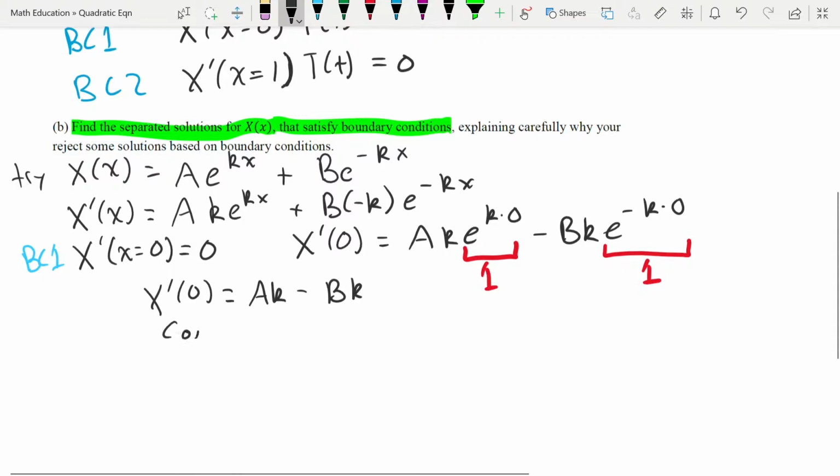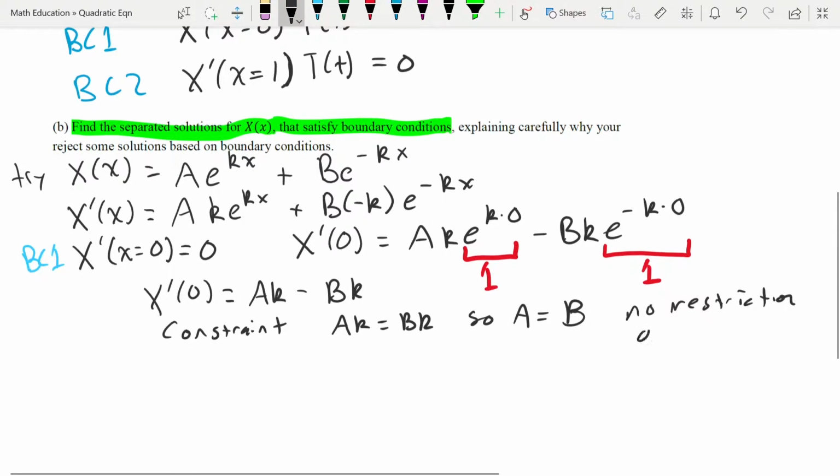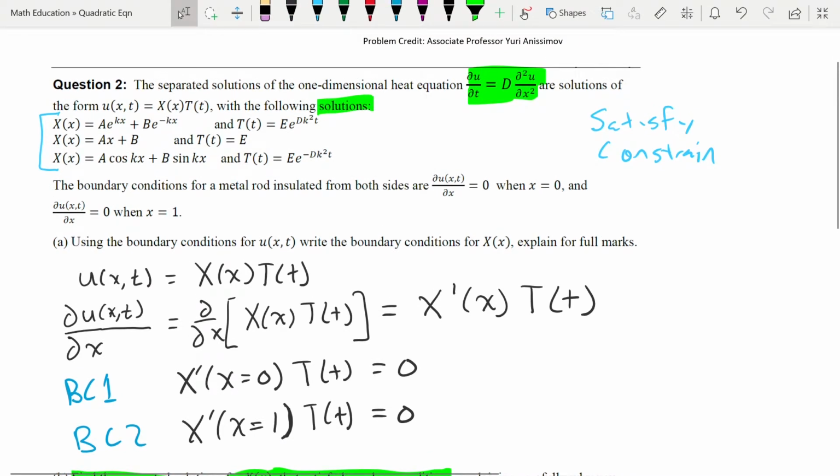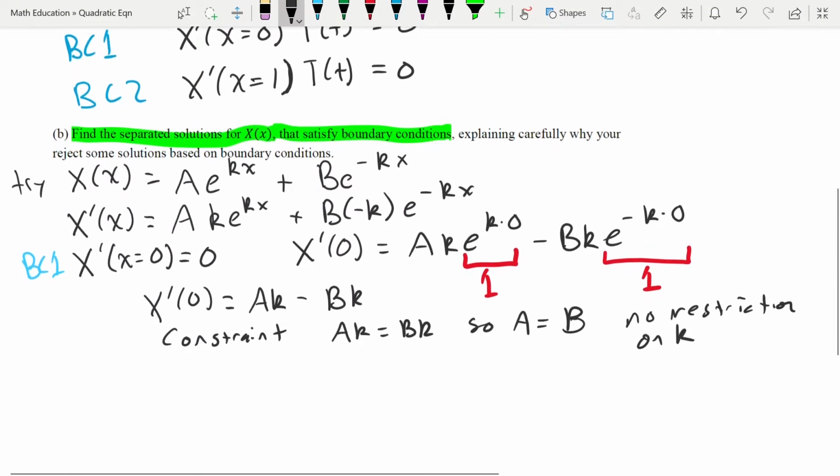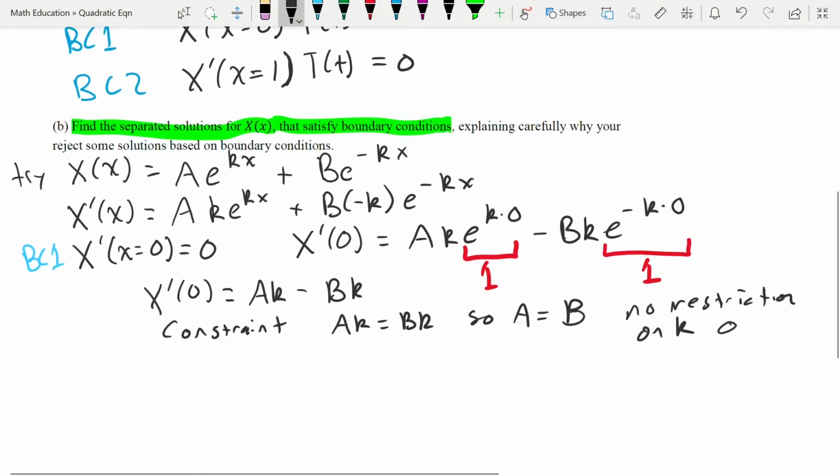So this gives us the constraint that ak is equal to bk. So a is equal to b. This is not giving us any restriction on k, other than perhaps we're assuming that it's non-zero, which for this particular separation of variables, coupling constant between the two separations, we're assuming that anyway. Other than k not equal to 0, which is true anyway.